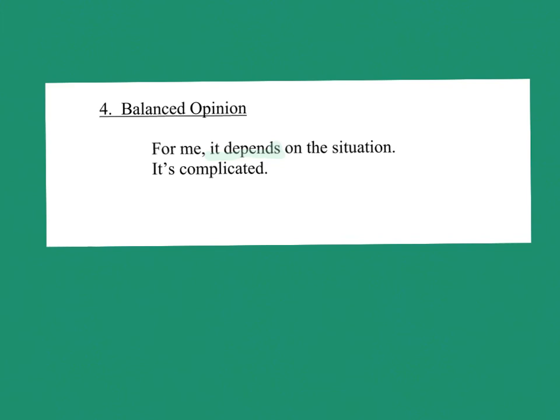It depends on the situation, or it depends on something, right? Or you can recognize it's complicated. There's not one clear answer. After that, of course, you're going to want to explain why. Why does it depend? What does it depend on? Why is it complicated?